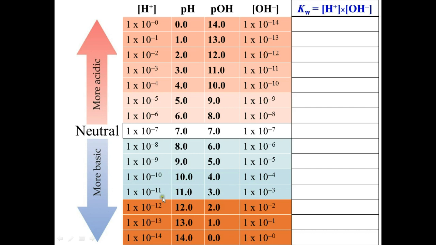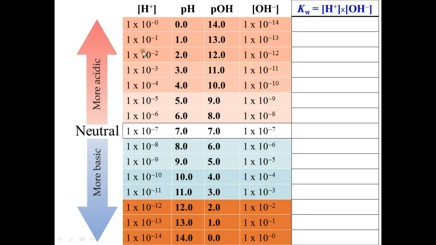Also, remember, if you multiply H plus concentration and OH concentration, it should equal 1 times 10 to the negative 14. So just like how these add up to 14, the exponents should add up to negative 14. That's a cool thing. So just remember your magic number, 14. Know that pH and pOH always add up to 14.